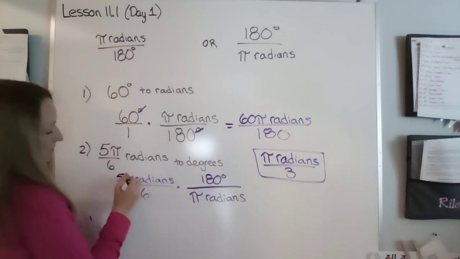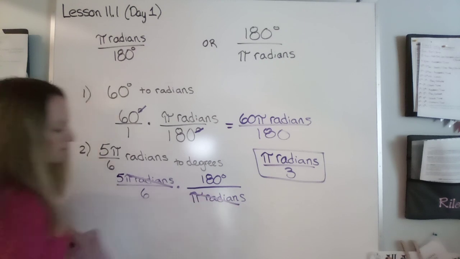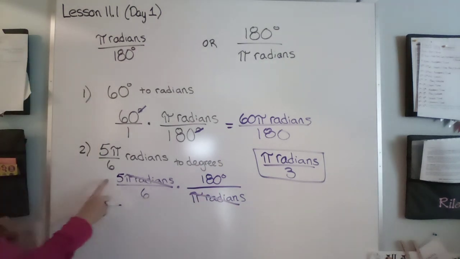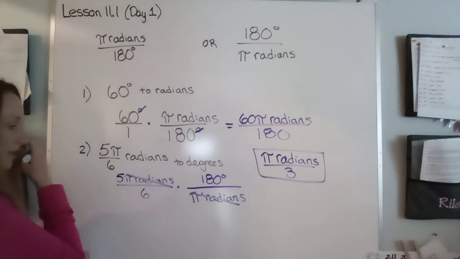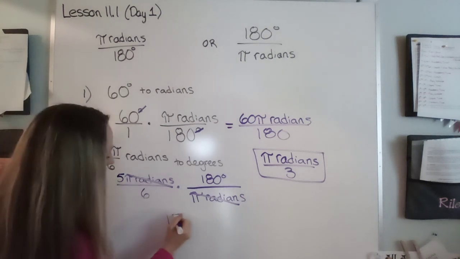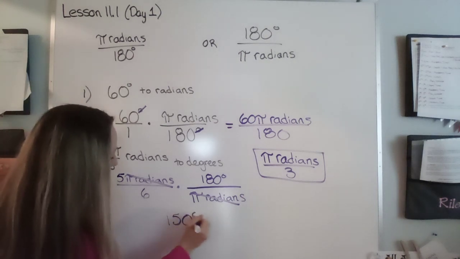Okay, so the pi radians cancels. So now you have 5 times 180 divided by 6. Okay, and you can again cross simplify. You can multiply the 5 times 180 and then simplify. But when you cross simplify and then multiply, you're going to be left with 150 degrees.